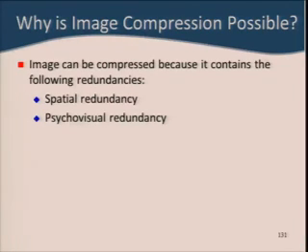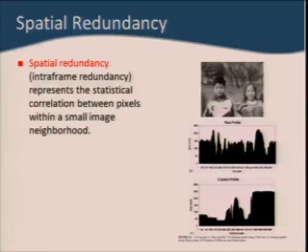One of them is known as spatial redundancy. The other is known as psychovisual redundancy. Because an image contains these two types of redundancy, we are able to perform compression.